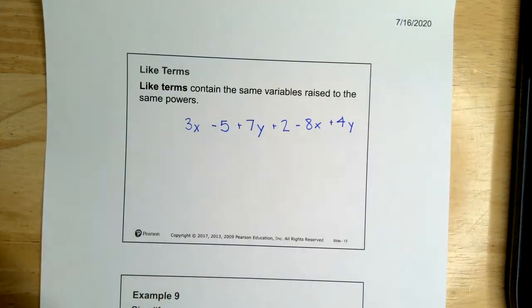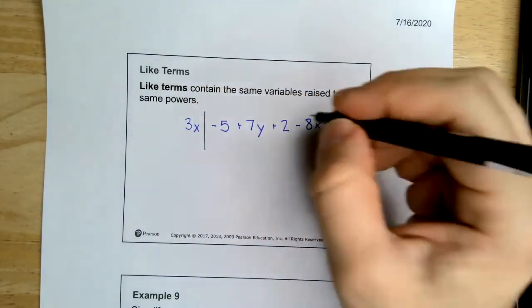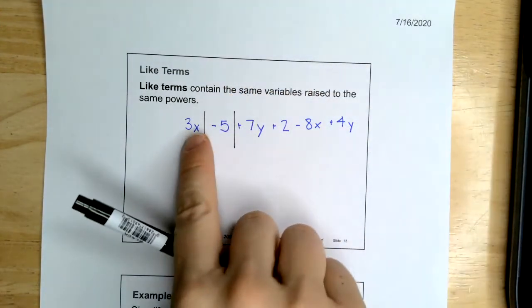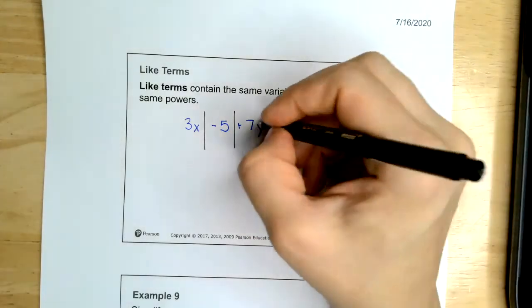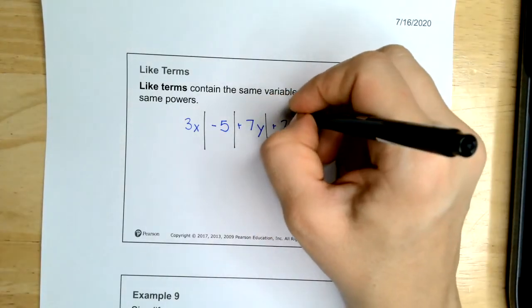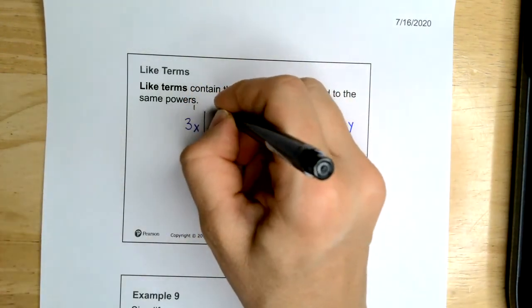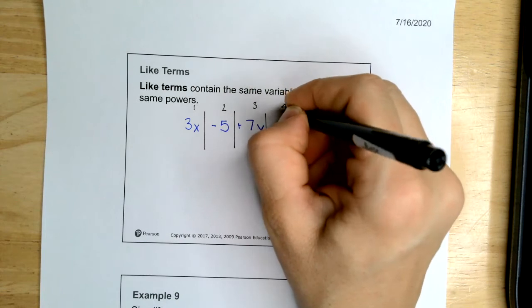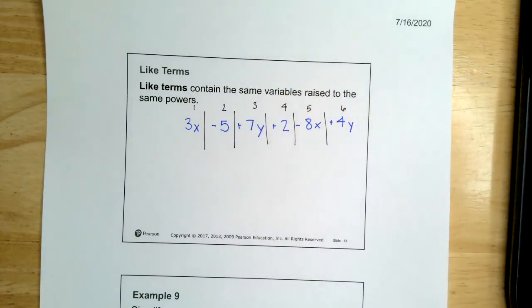If you were to split this polynomial at each addition or subtraction sign, that would give you terms. So this has six terms. Each piece is a term.